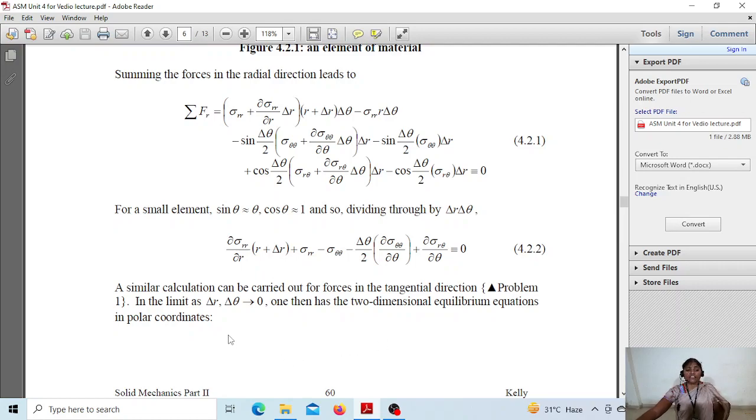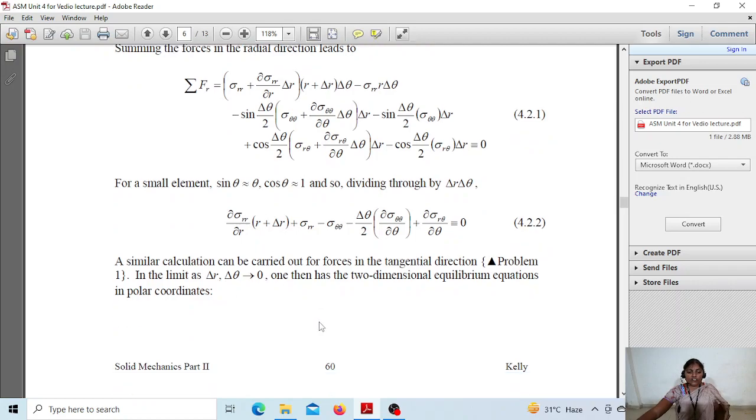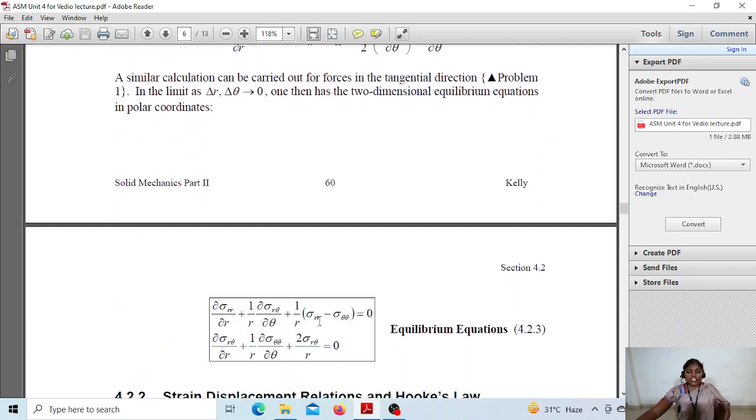Now, as the limits delta r and delta theta tend to 0, you will have equations in this form: dou sigma rr by dou r plus 1 by r dou sigma r theta by dou theta plus 1 by r into sigma rr minus sigma theta theta is equal to 0.